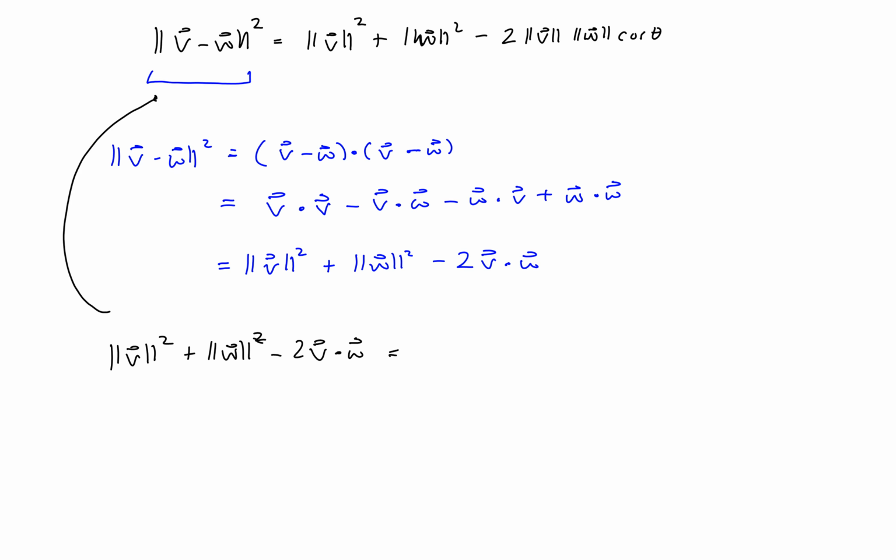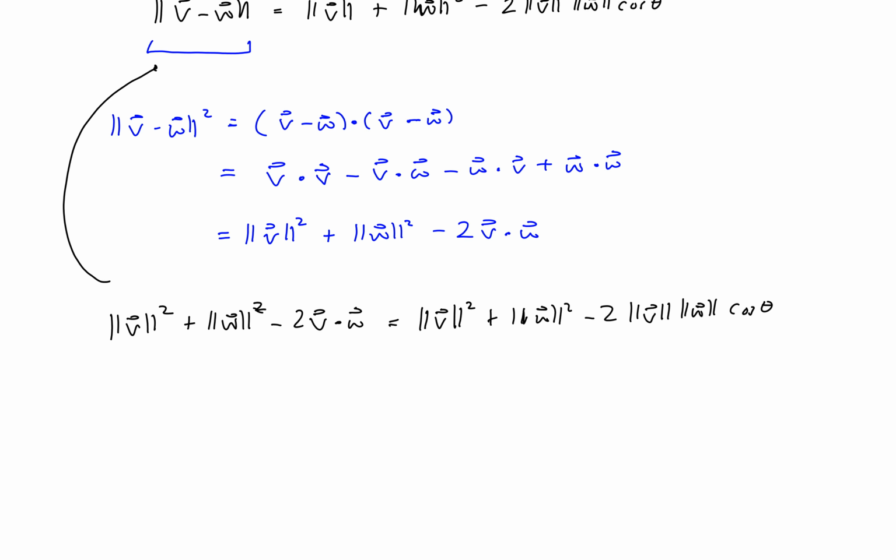And then the other side we had was magnitude of v squared plus magnitude of w squared minus 2 magnitude of v magnitude of w cosine theta. And now just notice here, we can do some cancellation. So this cancels with this, this cancels with this, and then I can also cancel the negative 2 from both sides.